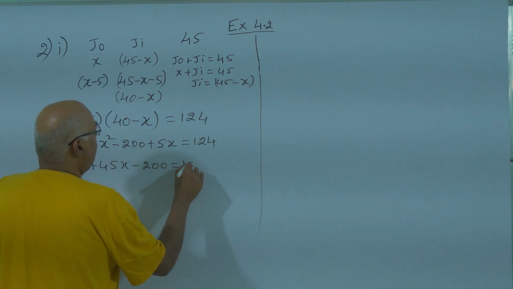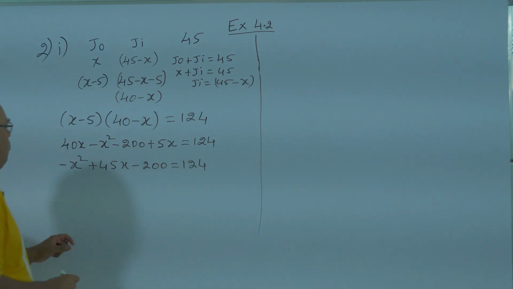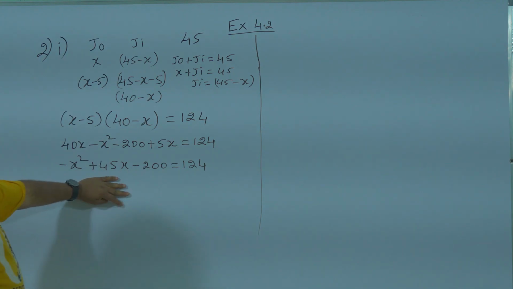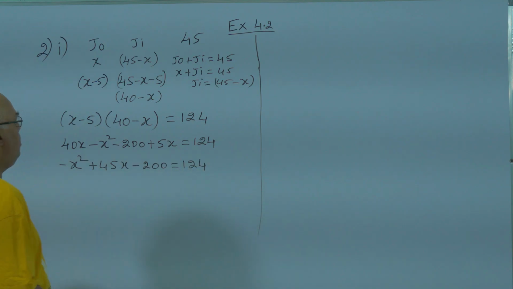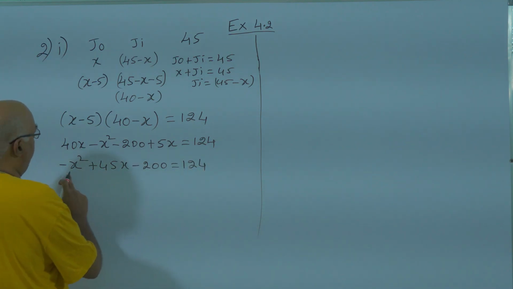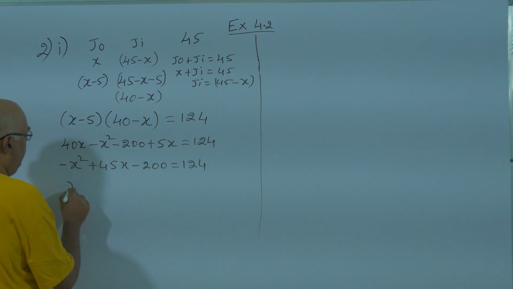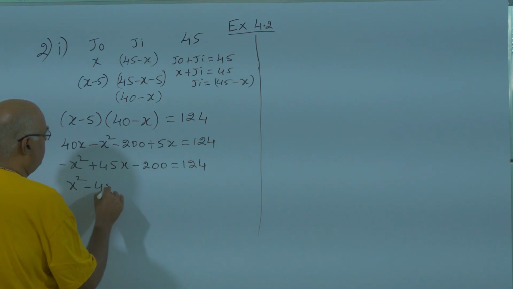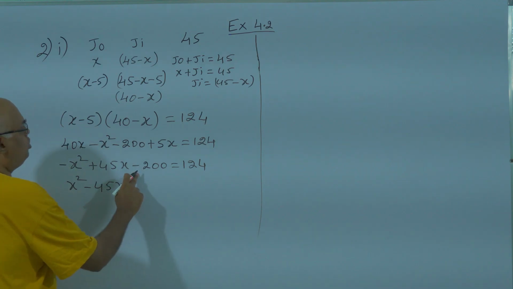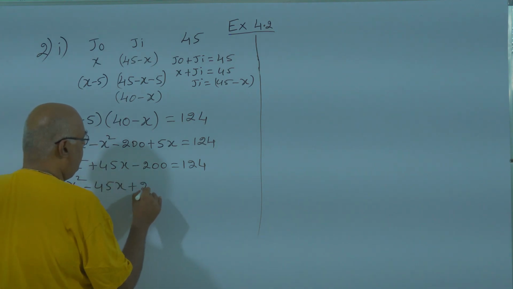is equal to 124. So what I will do is, whatever terms I have on the left side of the equal to sign, I will take them to the other side of the equality. So minus x square will become plus x square. Plus 45x will become minus 45x. Minus 200 will become plus 200.